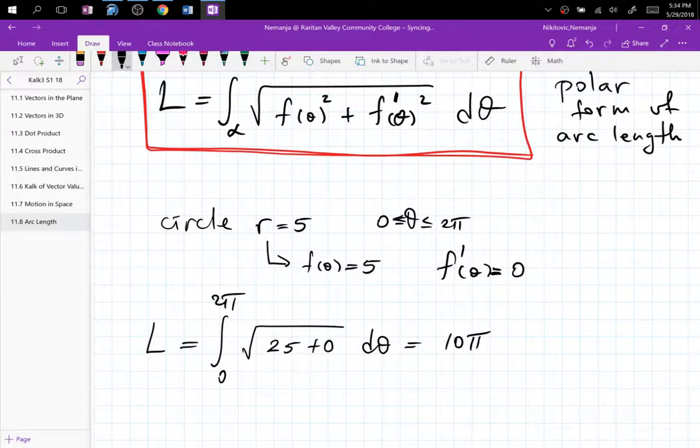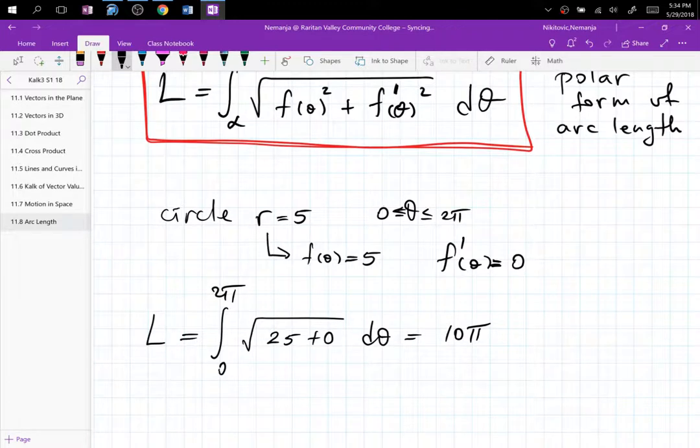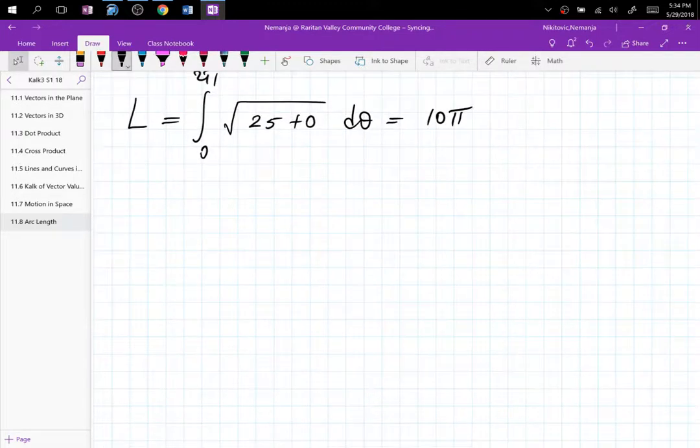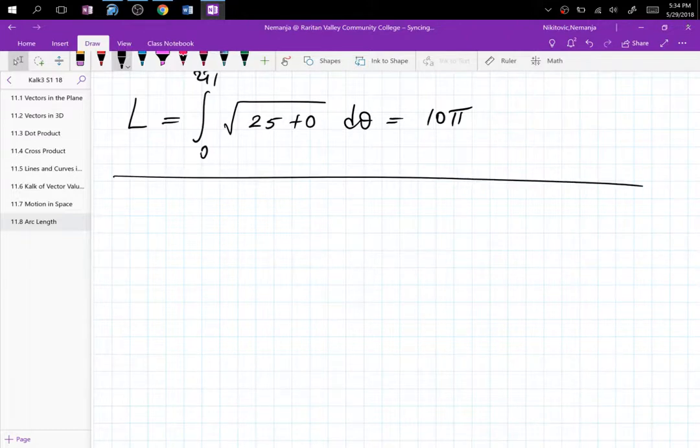So r equals theta creates a spiral, because as theta grows, r grows, and they grow together, and they create a spiral. So you can compute that.